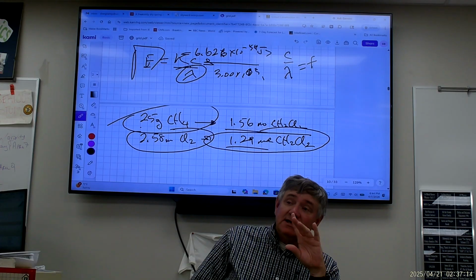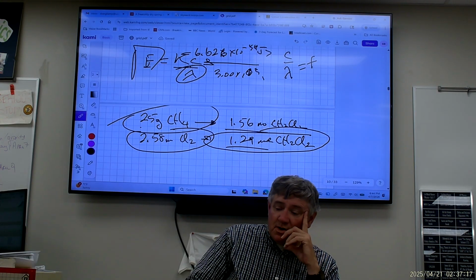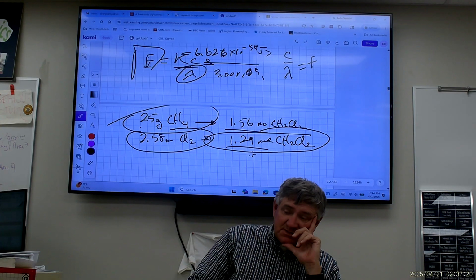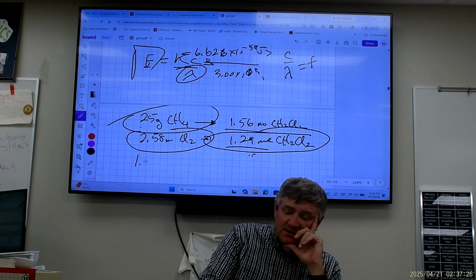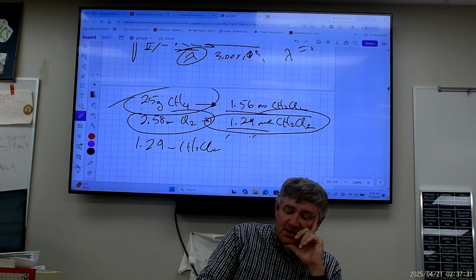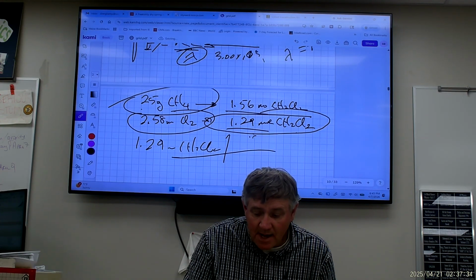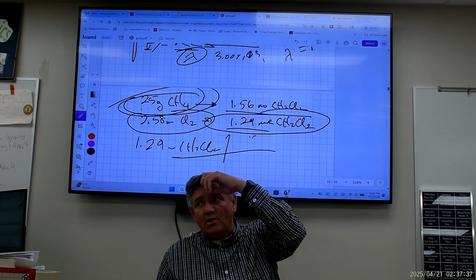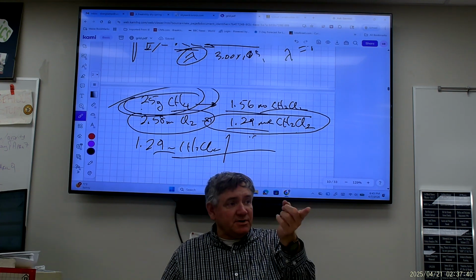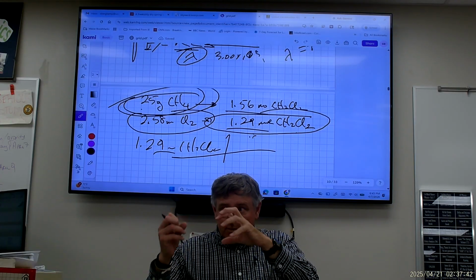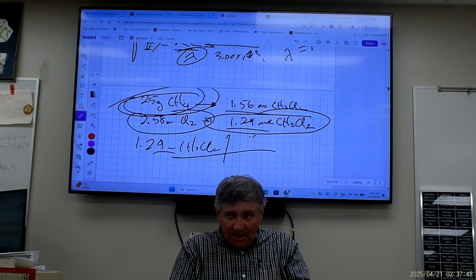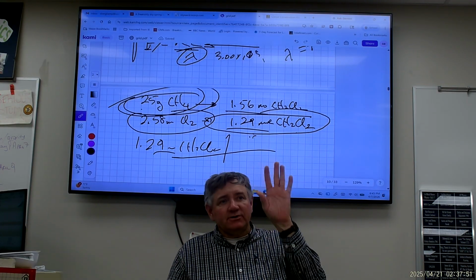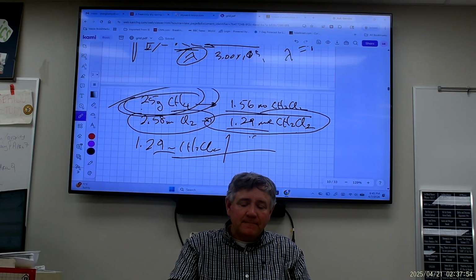So if they did that, you would have to start with the 1.29 moles of this dichloromethane, your CH2Cl2. And then you'd have to work backwards and say, okay, how much of that CH4 would get consumed in the production of this? And then whatever is left over would be added to the total number of moles of gas in the vessel.